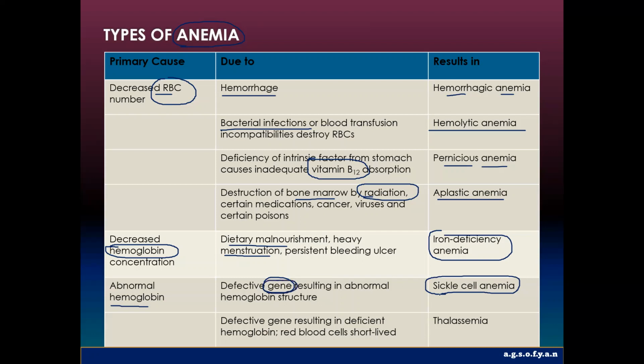So this is actually a genetic condition, sickle cell anemia. Another one caused by gene abnormality is called thalassemia. So thalassemia and sickle cell anemia are due to abnormality of the gene that produces or controls hemoglobin production.